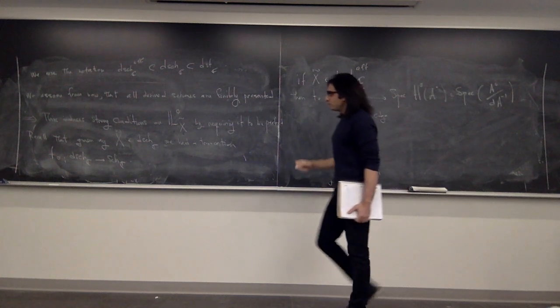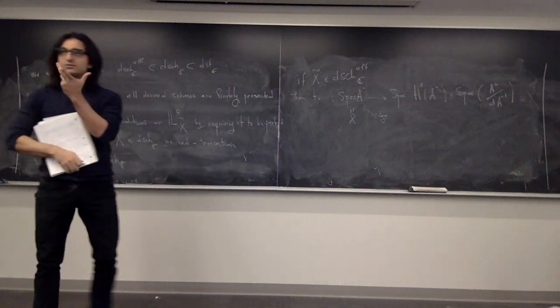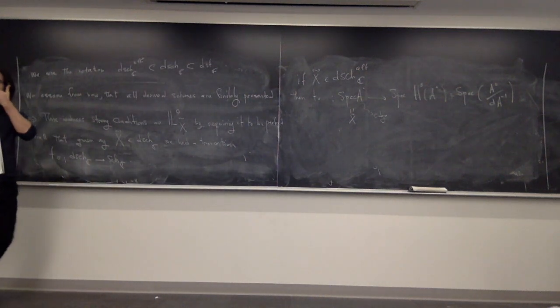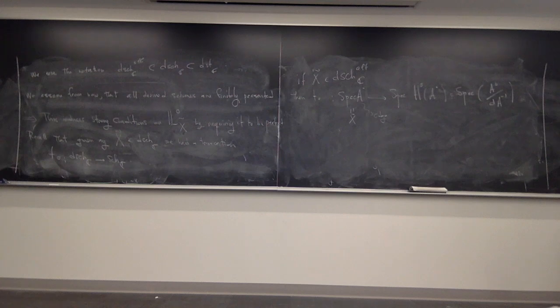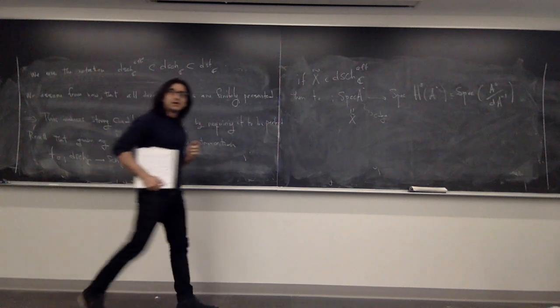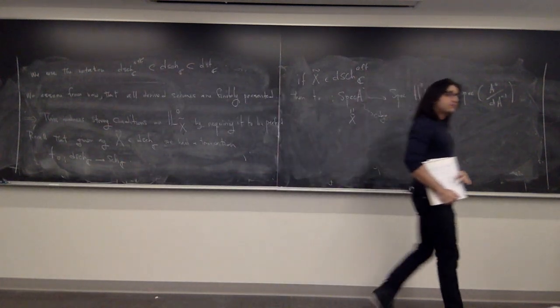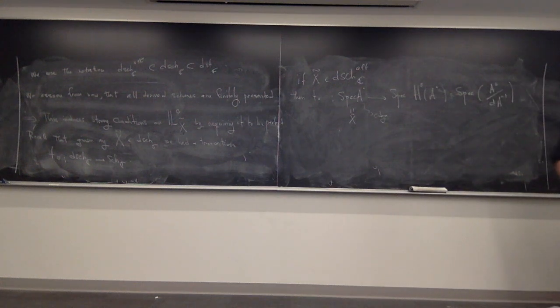So what is actually what we've done? We've constructed these derived stacks formally, functorially, and categorically. And the idea is that the ones we care about are coverable by derived schemes over the category of CDGAs. So all of the ones that we work with locally look like DG schemes.